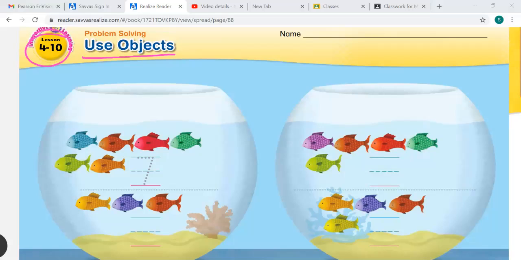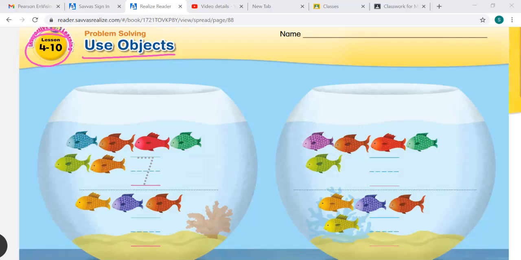So first, I see 6 fish in a bowl. And then I see one more fish. How many fish do I see now? How can I solve this problem? Well, we can use counters to find out how many fish.